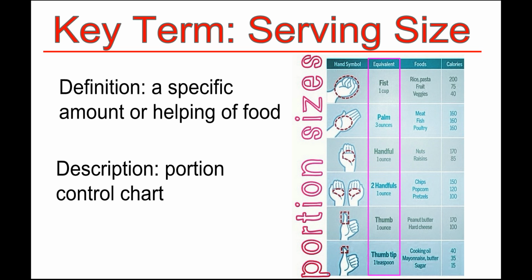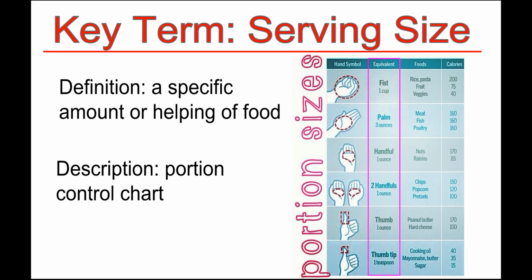So the hand symbols at the right are only rough estimates. And looking at the chart, a fist is used for rice, pasta, fruit, and vegetables. Under fist is a palm. A palm is good for estimating meat, fish, and poultry.